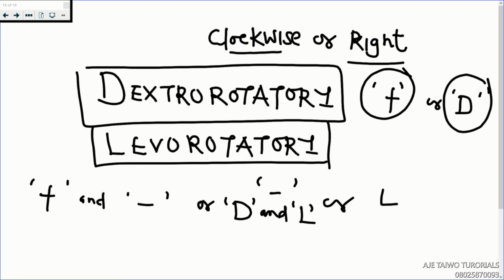Full stop. So D and L, or plus and minus, tells you the direction in which the light is rotated.